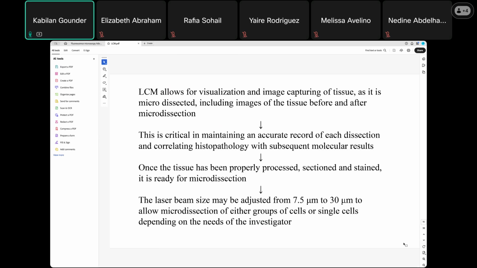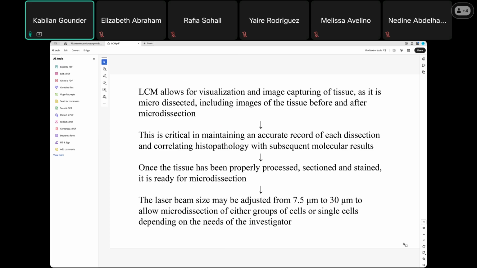This is critical in maintaining an accurate record of each dissection and correlating histopathology with the subsequent molecular analysis, so that when you have the final results, you can make sure that the isolated target is right or not. If you get something unexpected in the analysis, then go back and check whether the cells you isolated were right, or different cells.